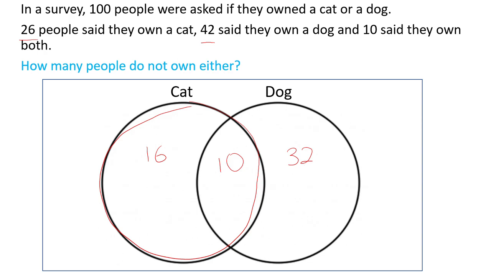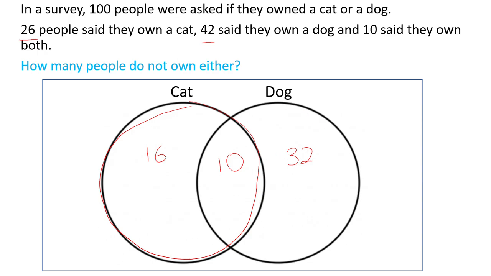Okay, so there are 100 people in the survey in total. We've accounted for 16 plus 10 plus 32 of them. So 16 plus 10 is 26, and 26 plus 32 is 58.